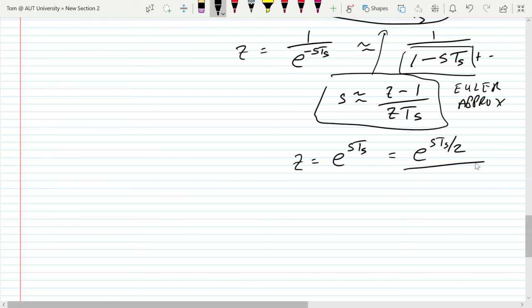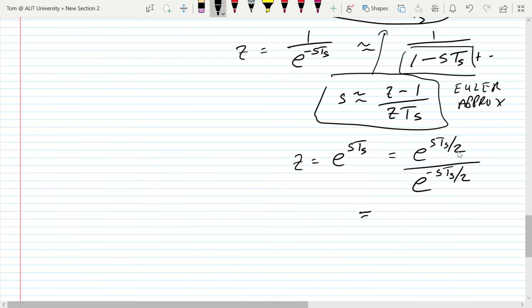A lot of people don't like you doing this because they say it pre-assumes you know what the answer is, and you should use the log method, and that's fine, but it's not so easy to understand perhaps. So I've got e to the S TS upon 2 over e to the minus S TS upon 2, and that's equal to e to the STS.